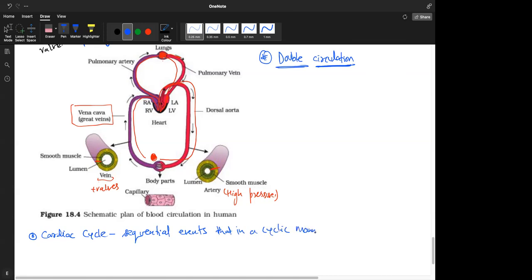When they are contracting, we use a term called systole, and when they are relaxing, we use the word diastole.